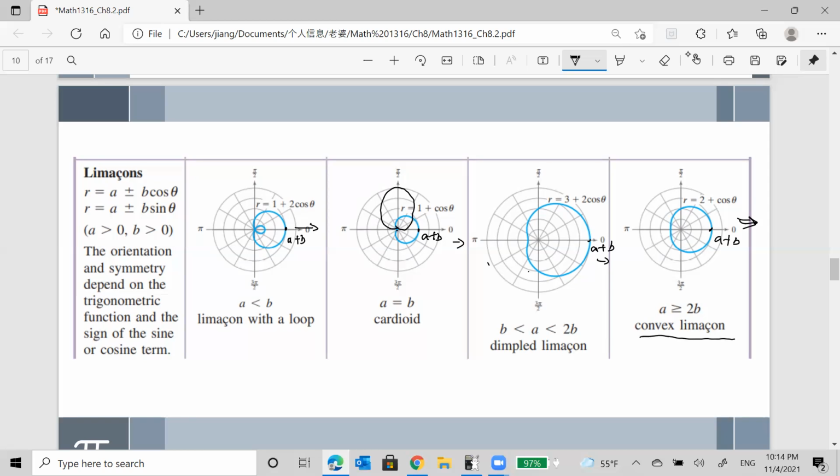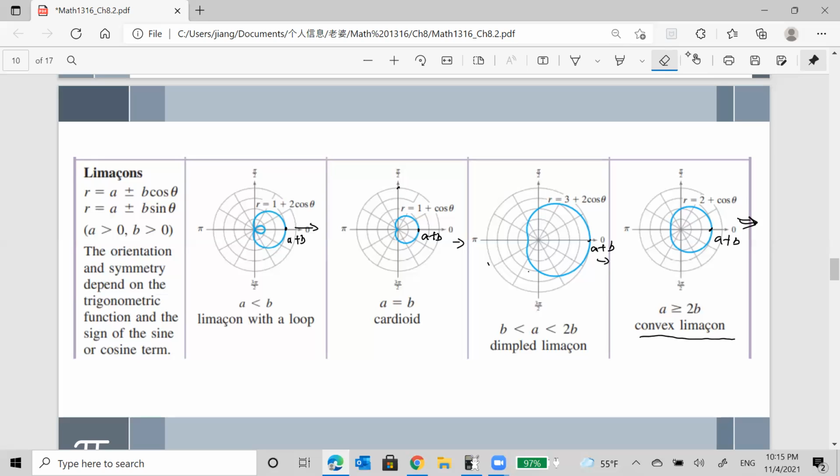I think it's too big because here must be A plus B, which needs to be 2. So the shape seems like this, if here is r equals 1 plus sine theta. I erased this because I don't want to confuse you. If I have 3 plus 2 sine theta, the shape is like this.